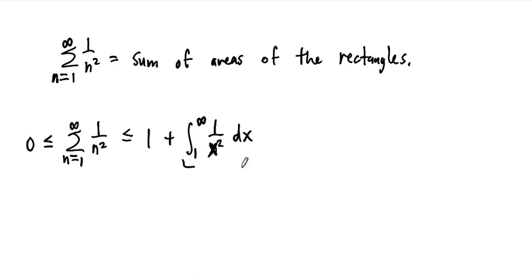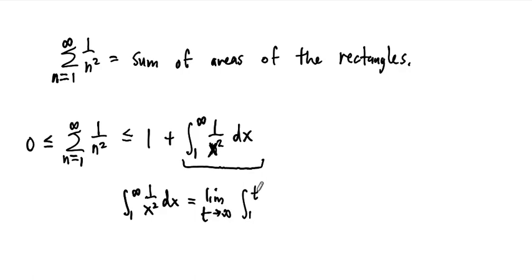And so the question now is, can we compute this integral? We've studied improper integrals already, and so this is just an improper integral. To compute the integral from 1 to infinity of 1 over x squared dx, we replace the infinite limit by a limit, say t approaches infinity, of the integral from 1 to t of 1 over x squared dx, and then we compute the integral as usual.